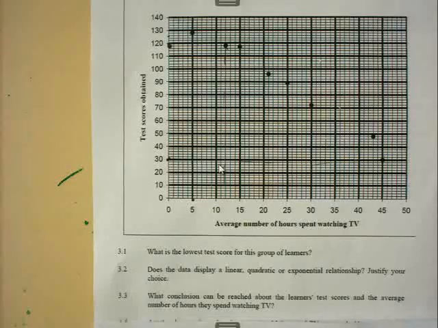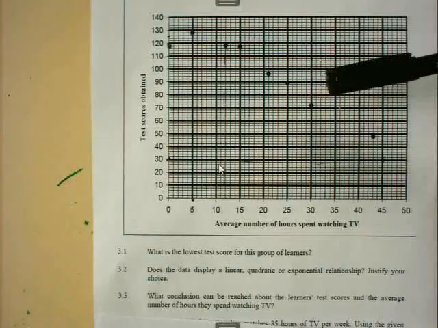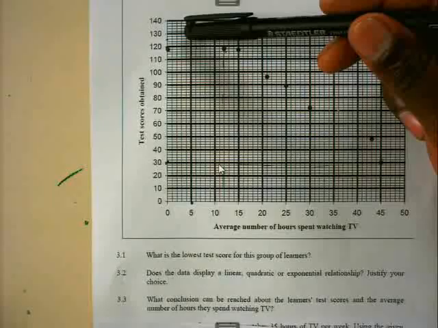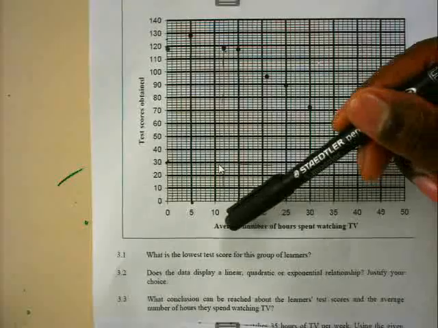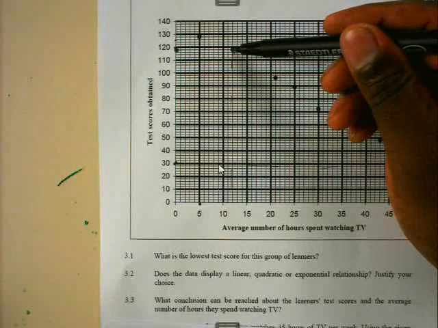Thank you. Check your explanation against mine. Remember the question: what conclusion can be reached about learners' test scores and the average number of hours they spend watching TV? Based on this scatter plot, this learner spent 5 hours watching TV and obtained 128 marks. This one spent about 12 hours and obtained 121.